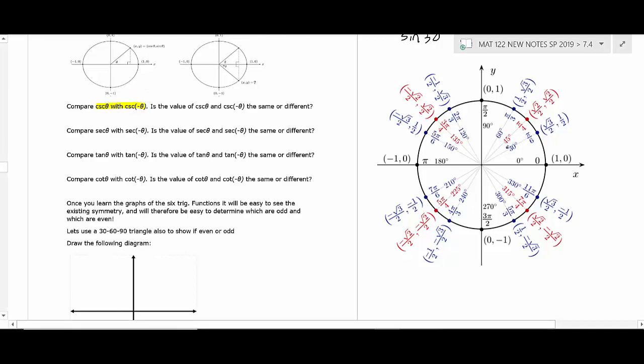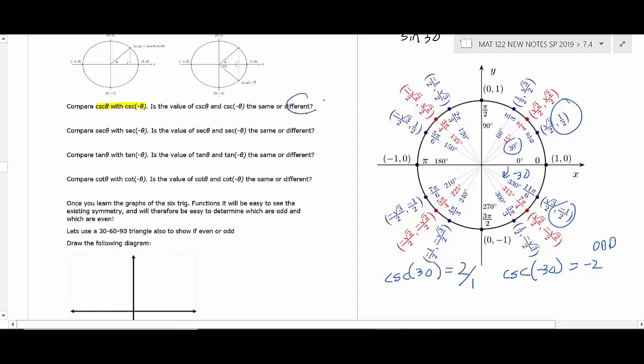On this unit circle, let's use 30 as an example, and then negative 30. If you did the cosecant of 30, you just get the reciprocal of y, so that's 2 over 1. And if you did the cosecant of negative 30, you would again get the reciprocal of that, so it's negative 2. So opposite y tells you that that function's odd.